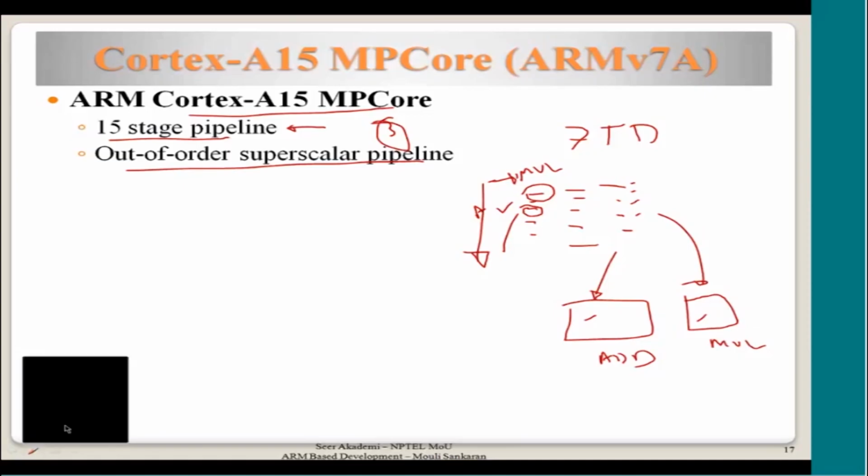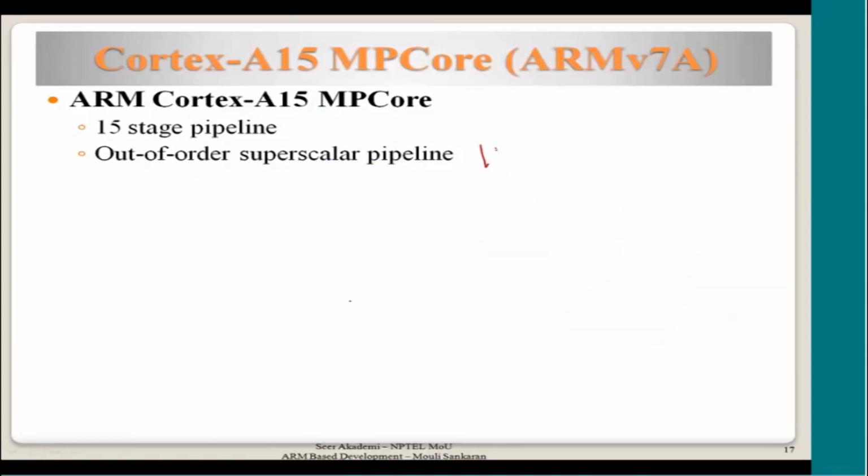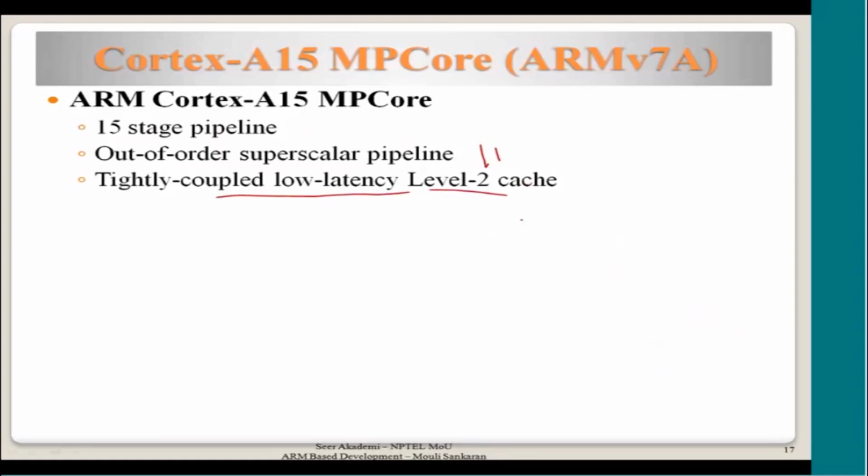So these are advanced architectural features, and a tightly coupled low latency L2 cache. You see that L1 cache was there previously, and now L2 cache has come. And because it is multi-core, multiple cores can be there together.